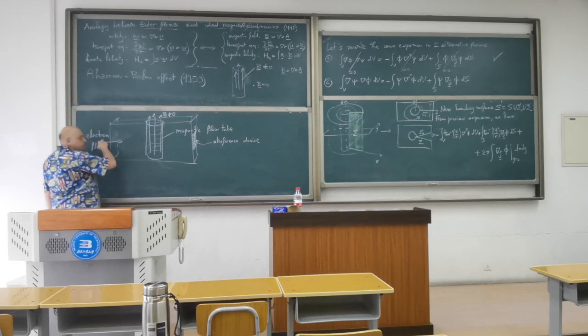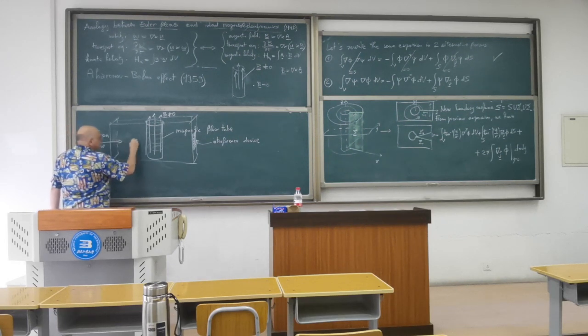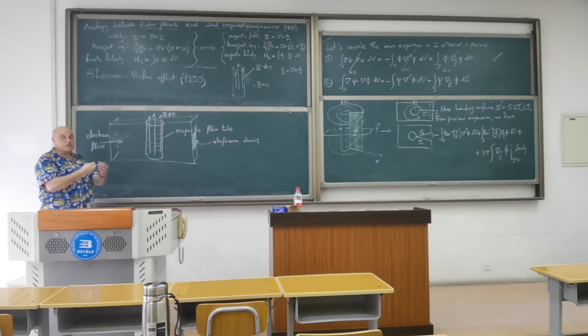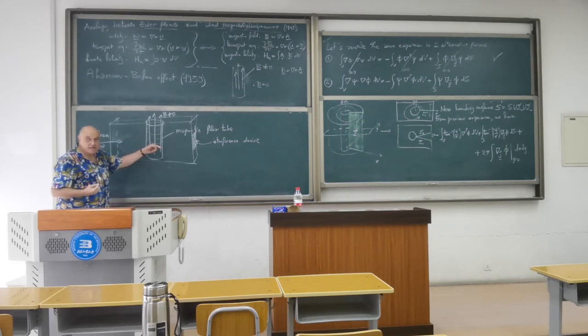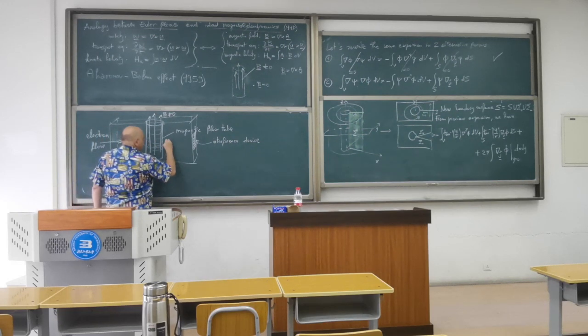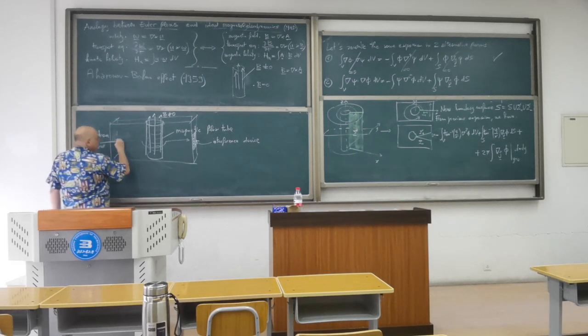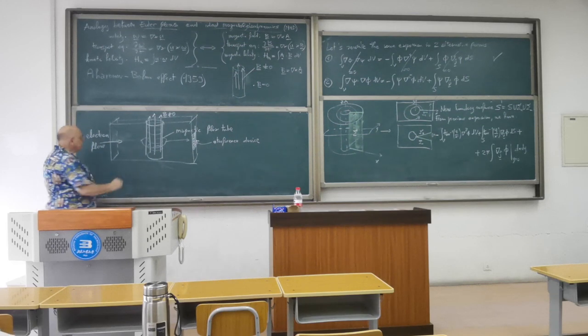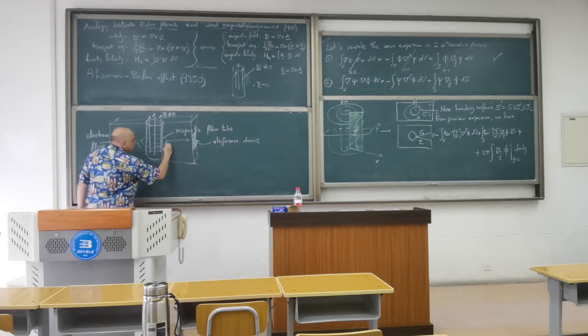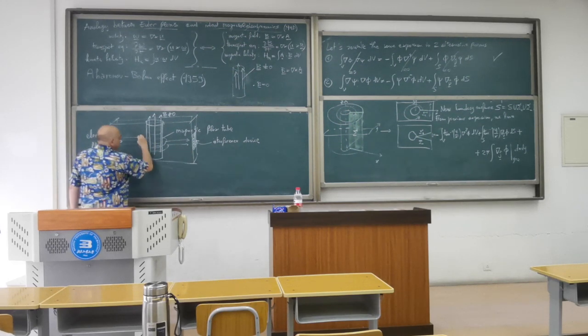The electron particles are moving here, but then they are deflected by the presence of this intense magnetic field. If it is sufficiently intense, they do not enter the solenoid or the field, so they go round like this, and then they recombine.